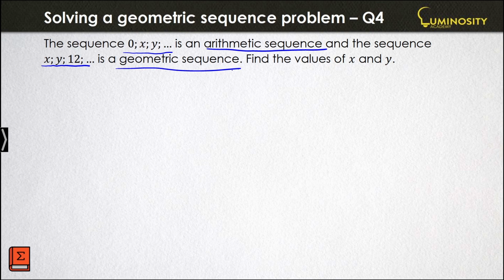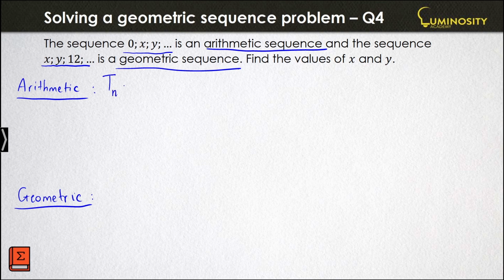So the given information that we need to list down is, first of all, we have an arithmetic sequence and we're given a geometric sequence. So first things first, the most important thing, let us write the general terms for each of these sequences.